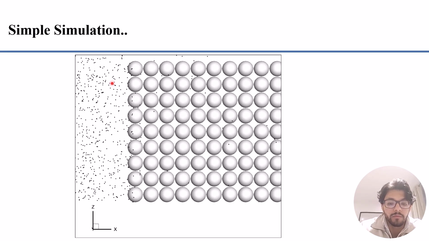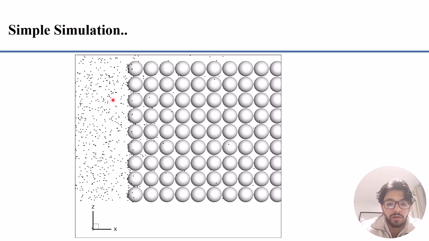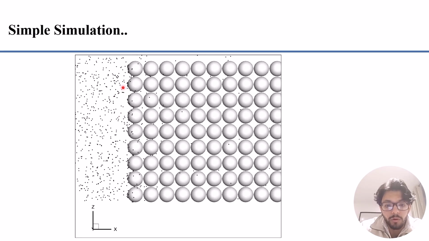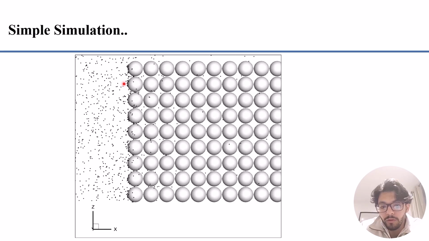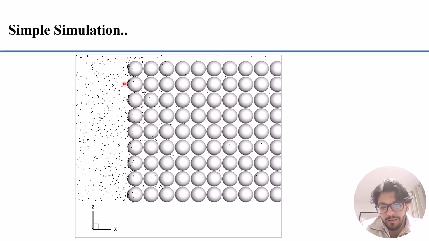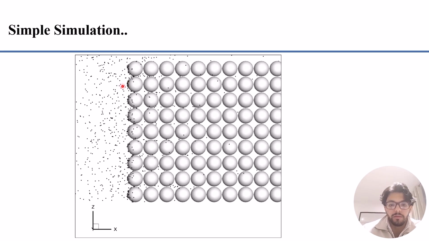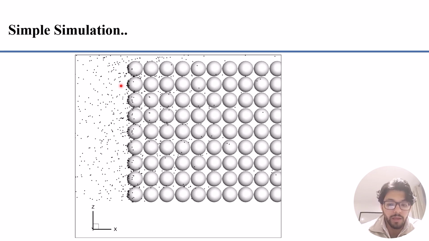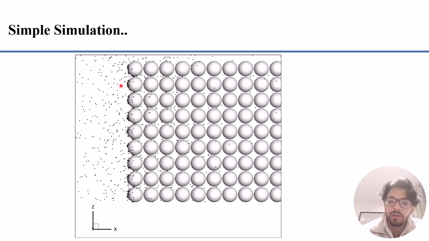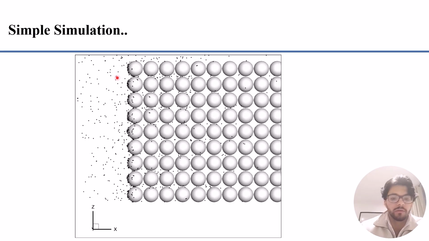And with the increasing concentration, you can see that this will promote more clogging, as the particles won't be able to move easily in the small pore spaces created by these solid boundaries. So here you can see we already have attachment, clogging and accumulation of the particles when the concentration is increased.